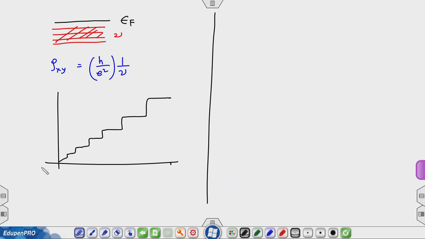And that is something we have to understand, and let me explain what I mean by saying that we have to understand this. You see, I deliberately made this Fermi level between two Landau levels, but if a Landau level is filled, suppose I just make it like this. The Fermi level is the topmost filled energy state.